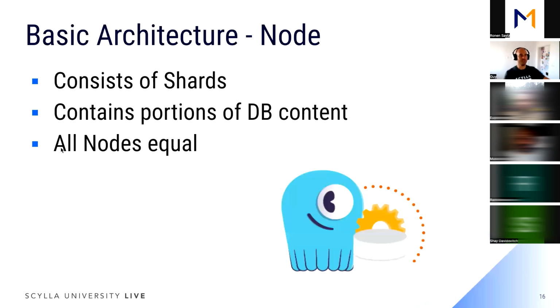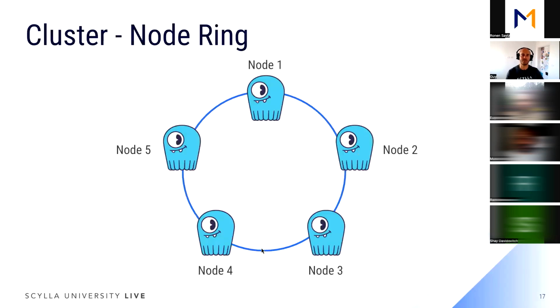In ScyllaDB, as well as Apache Cassandra, of course, all nodes are created equal, so they all work together in a distributed fashion to serve requests. We don't have the notion of follower leader, master slave, or whatever other names you want to call it. All nodes are created equal. And again, that goes together with high availability. We don't have a single point of failure.